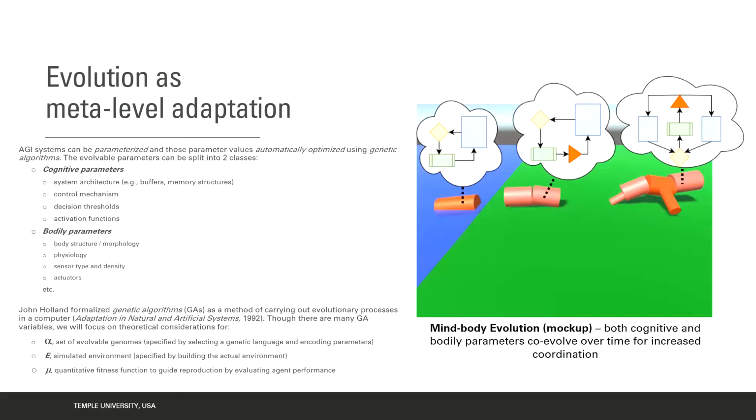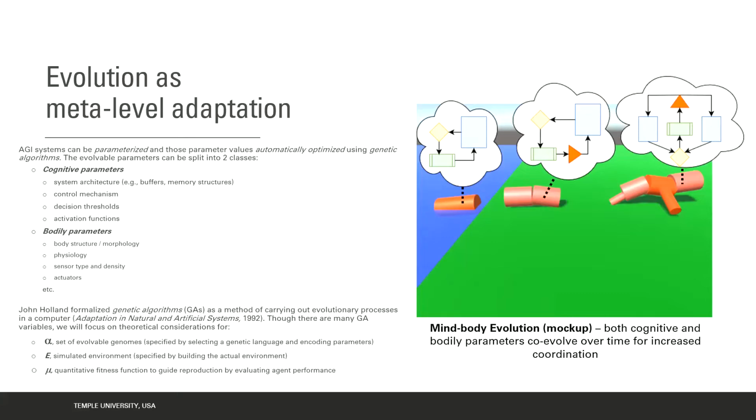And so John Holland formalized this concept of genetic algorithms in his 1992 book, Adaptation in Natural and Artificial Systems, as a way to carry out evolutionary processes in a computer. And although there are many genetic algorithm variables in the formalization, we can just focus on theoretical considerations for alpha, which is the set of evolvable genomes.